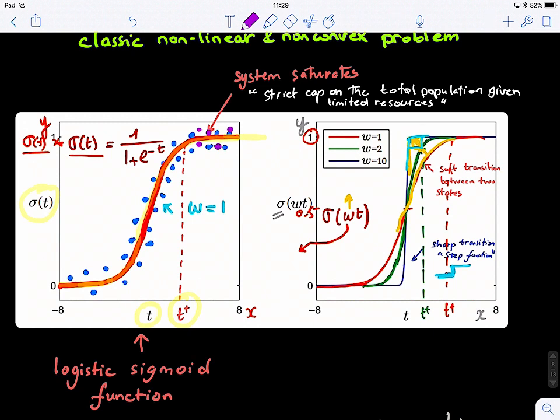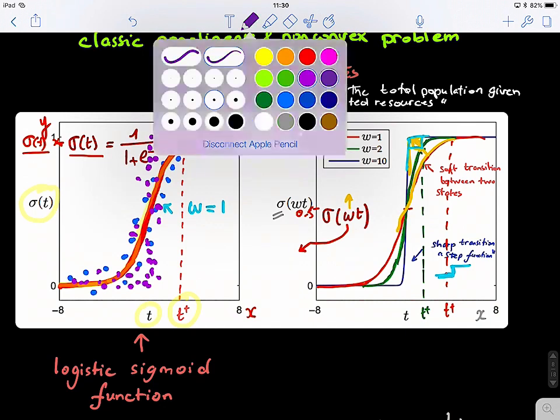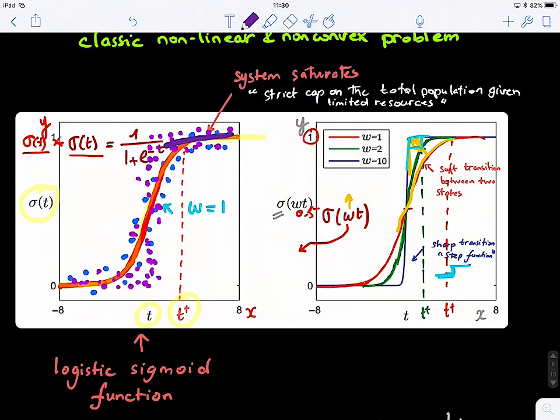So this is our data, but right here we can see that somehow the decrease is much sharper. So the curve that fits this data will look something like that. So the W here needs to be larger than 1, so maybe W equals 2. So we need to adapt the sigmoid function to our data, right?